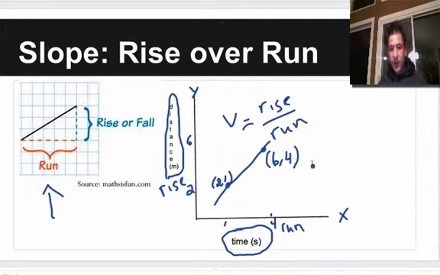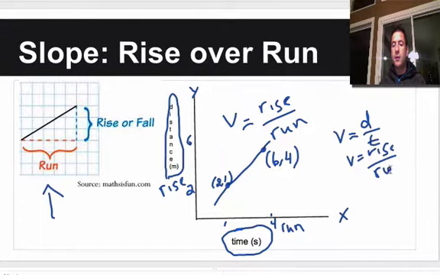Okay, so then we could calculate our rise versus our run. So it was the interval, right? So I could say v equals, what was my rise? Well, my rise deals with my distance, so it's distance over time, d over t, or v equals rise over run. I just love math.